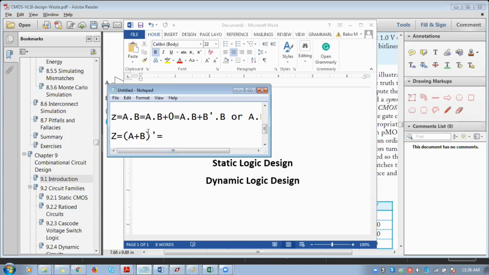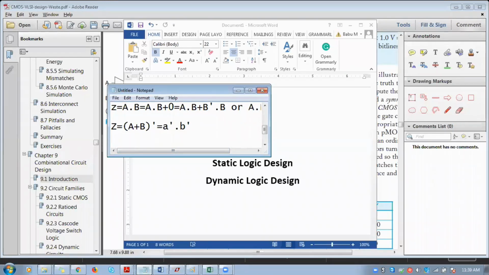A plus B the whole bar will become A bar dot B bar. So now you got it, right. A can be supplied to an inverter, B can be supplied through an inverter, and you can connect them in series. So you will get the circuit which is connected only using inverters.